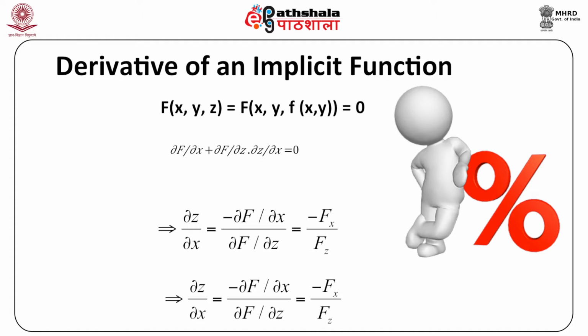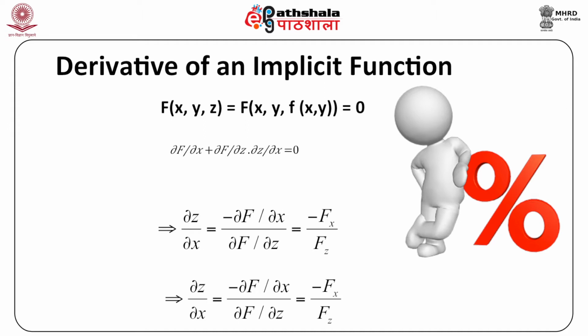Differentiating with respect to x using the chain rule, this gives del F/del x plus del F/del z into del z/del x equal to 0, which implies del z/del x is equal to minus del F/del x divided by del F/del z, which is equal to minus Fx by Fz. Similarly, del z/del y is equal to minus Fy by Fz.